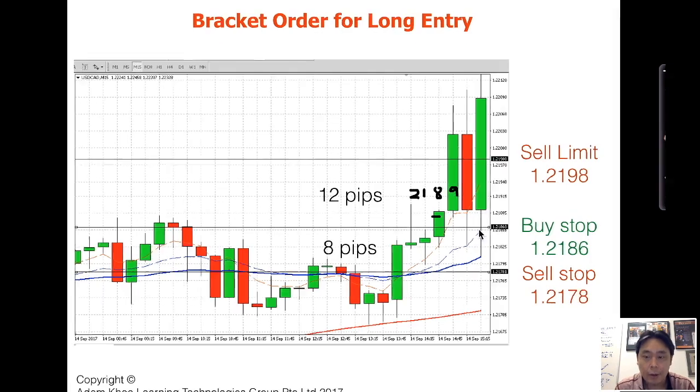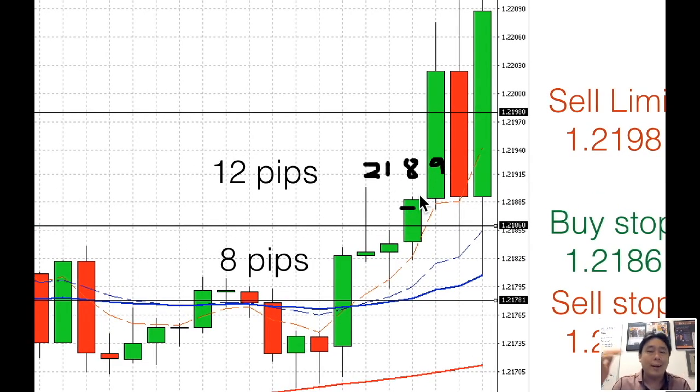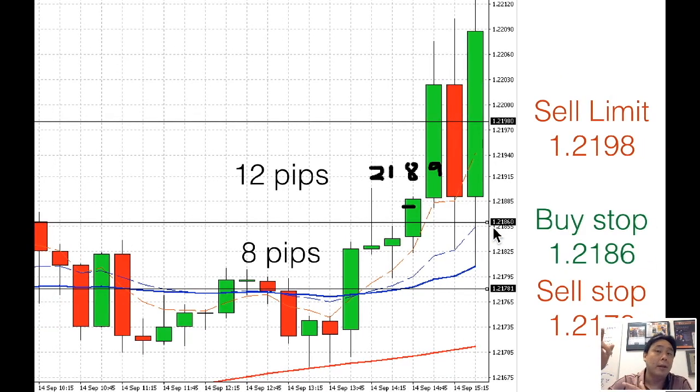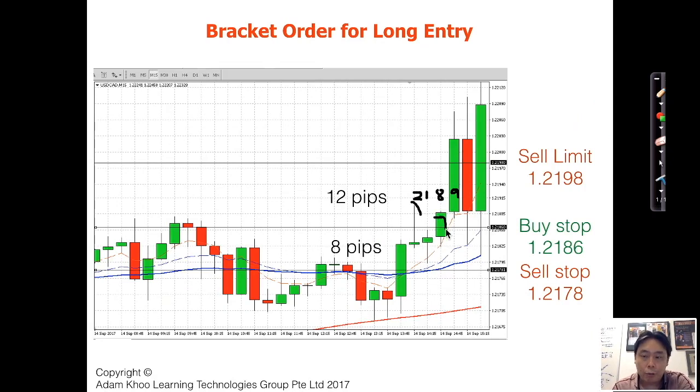I do not want to jump in at the high. I never want to chase it. It's very dangerous to chase it. So I'm hoping that it will come back to 2186 where I can enter before it continues going up.